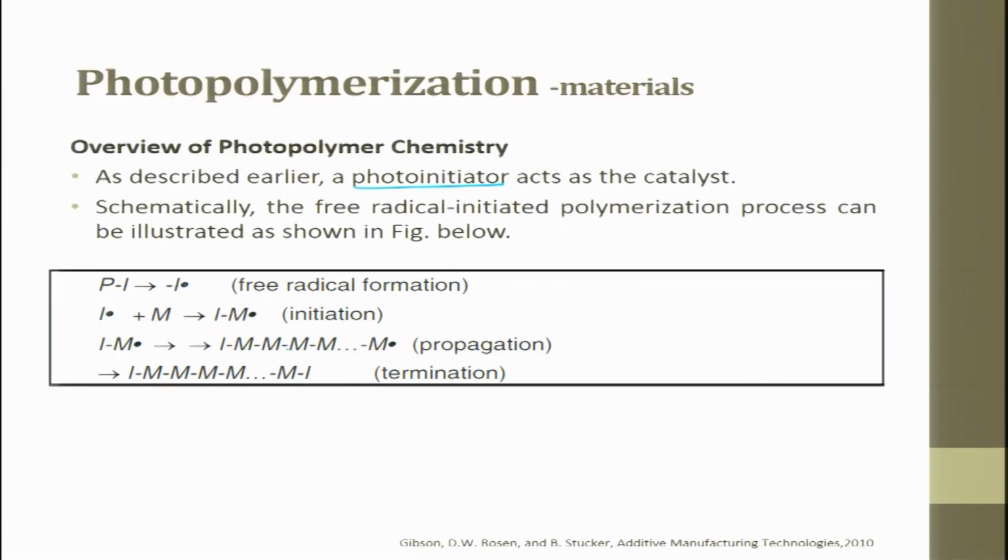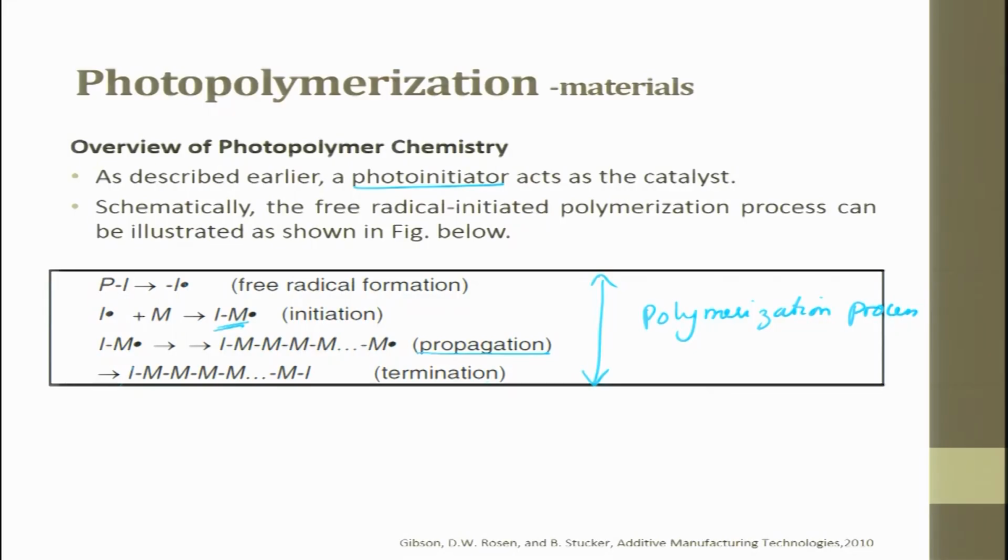When it gets bonded to several of these monomers, it forms a propagation, and when this chain gets to meet with an M and I, it gets terminated. So, this is the polymerization process, which is very important, you should understand.